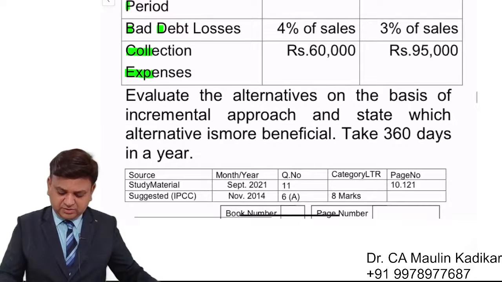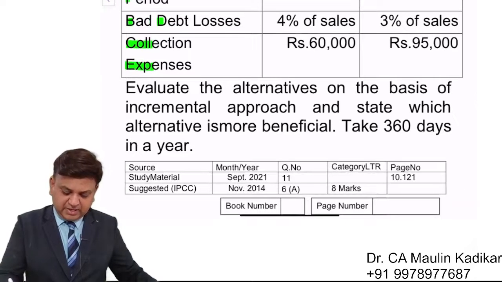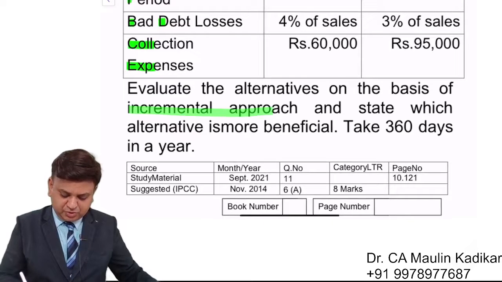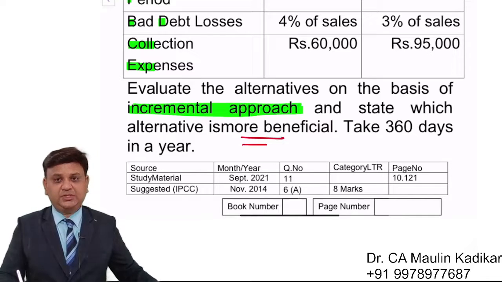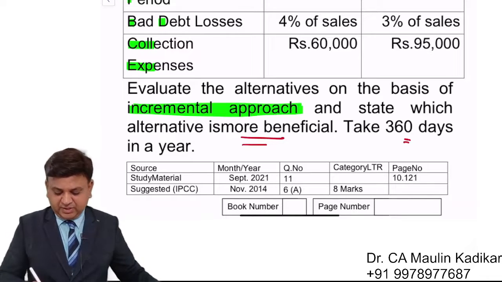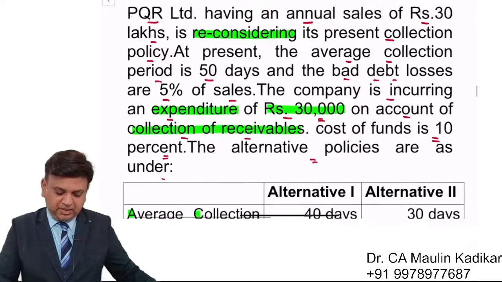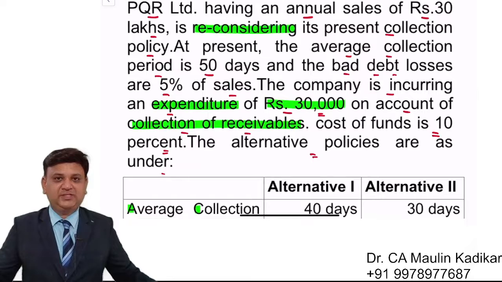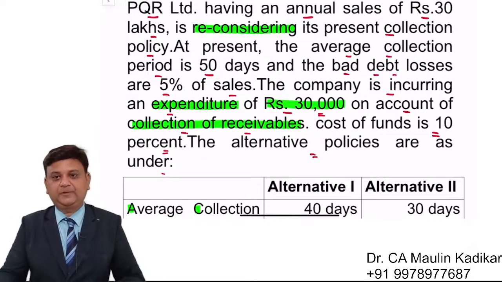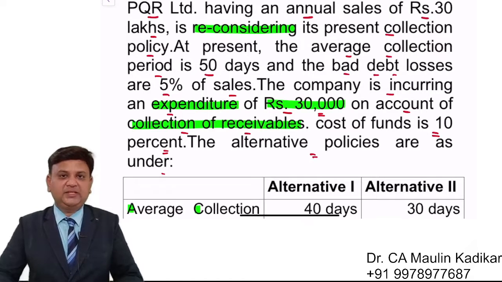Evaluate the alternatives on the basis of incremental approach and state which alternative is more beneficial. Take 360 days in a year. That is the question. I request all of you to go through the question, please, and write in the chat box which information is missing in the question.